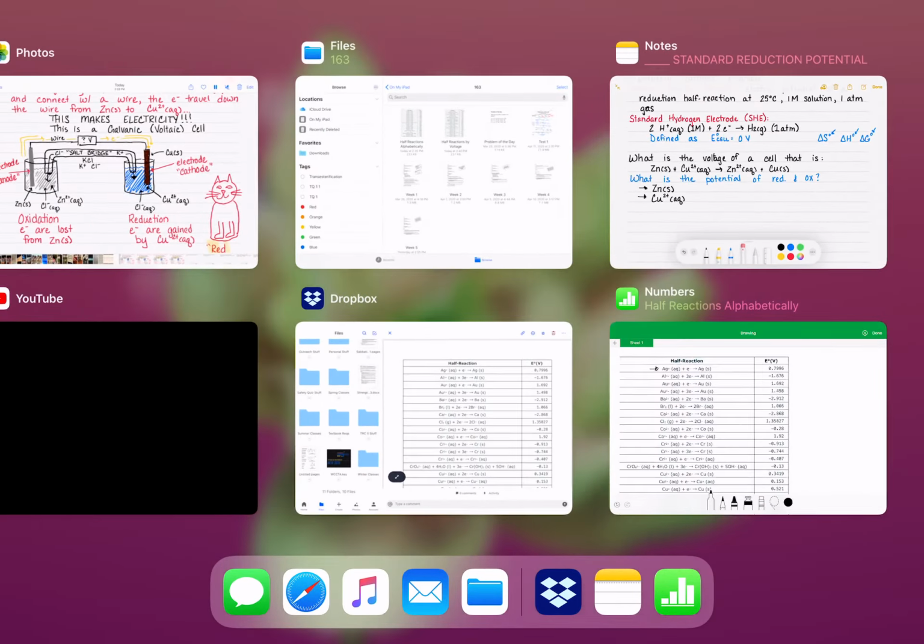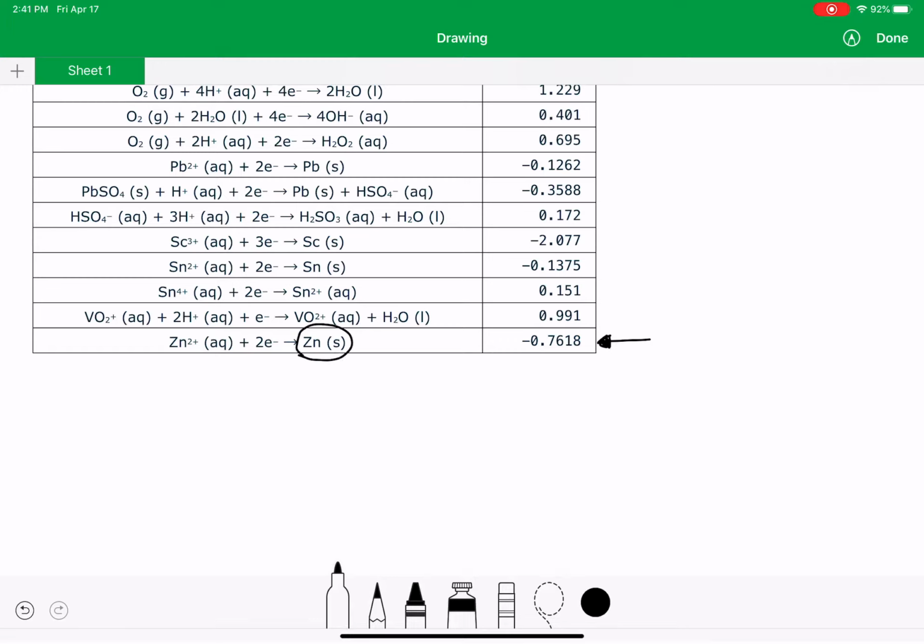And what you'll notice is that our reactant, which is zinc solid, is on the right-hand side of this half reaction. That doesn't mean that it's wrong. It just means that our version of the zinc reaction is reversed from what's in this table. And you're going to have that happen with every single one of these examples that you do. So I've got the whole half reaction right here for us.